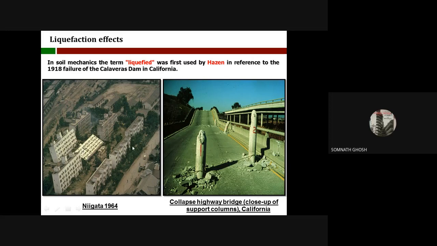Maybe these buildings are not affected to that extent. So it is not that it will always happen in a big area. Even in a small area, it may happen. And whatever buildings or any structure is there will be affected to a great extent. Even in this case, it is collapsed, right? This kind of collapse took place because of liquefaction, right?